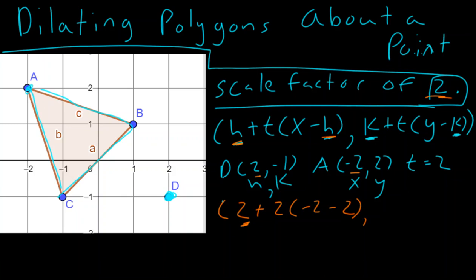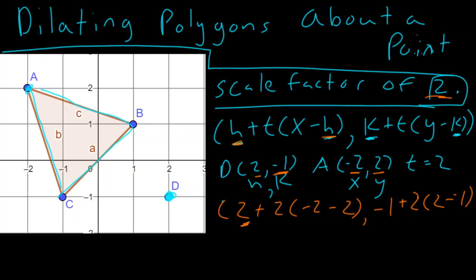Now hopefully this one will have some fewer 2's, and here we see that our k value is negative 1 plus 2 parentheses, and here we can say, okay, well, our y value is 2 minus our k value, negative 1. So this one's a little bit easier to see because we have different values than 2.